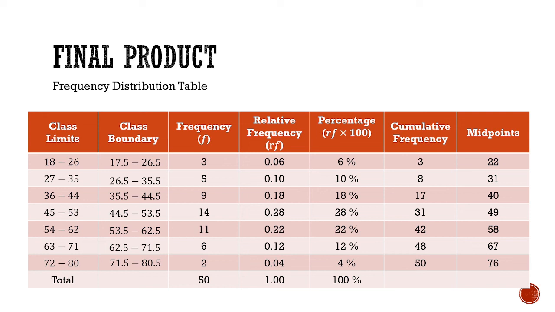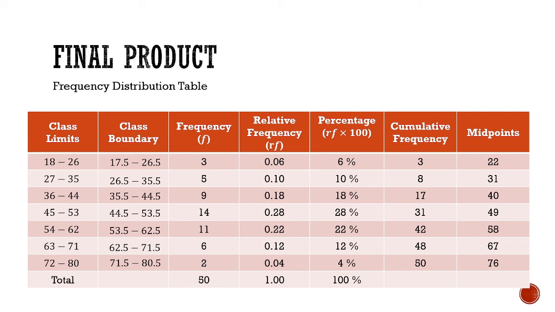By class boundary, we just deducted the next or yung mas mababang decimal, yung place value natin, which is, since ones tayo, yung i-add natin ay susubtract ay nasa tenths, which is dapat 5. Okay? Then we have their frequency, wherein we just tally all of the members of each class limits.